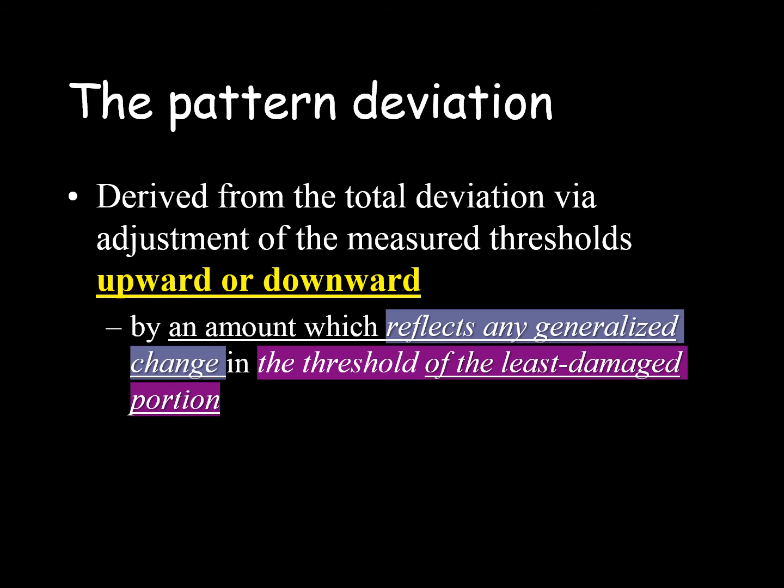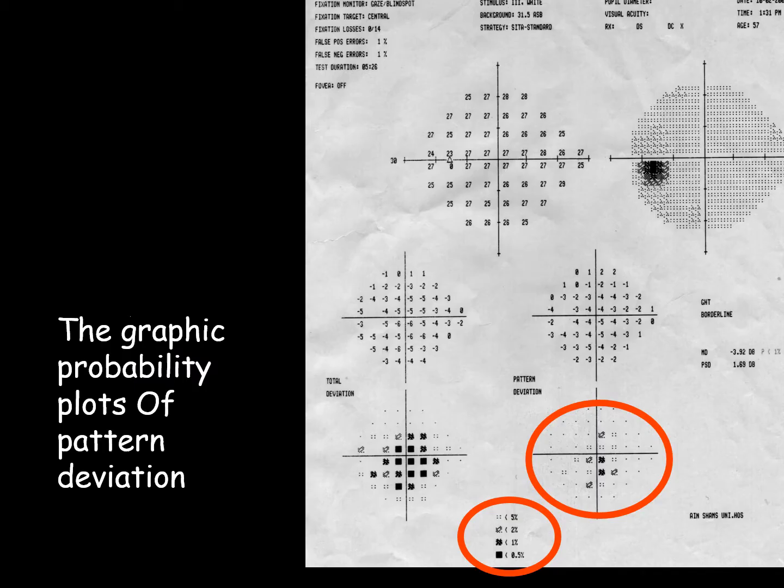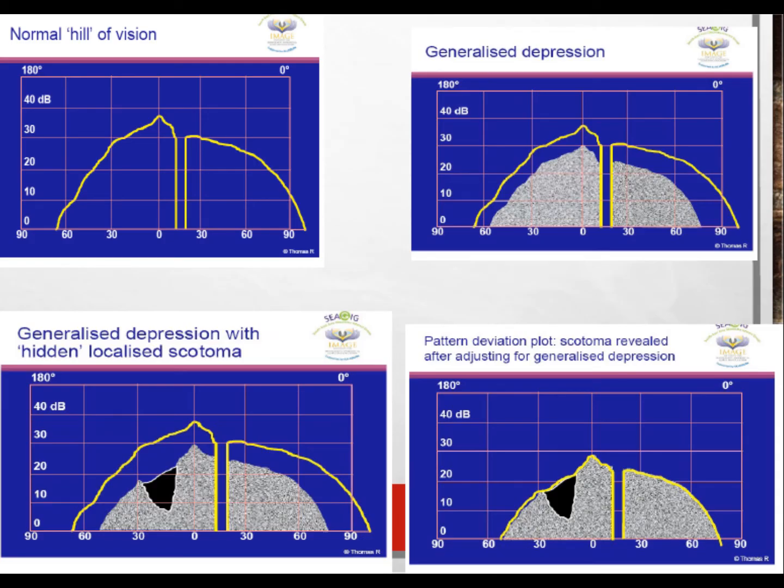It happens regardless of what the values are. The idea is to get rid of the generalized effect of media opacity. Here the probability plot is drawn. In this graph, this is the normal. The white part here is the patient sensitivity.